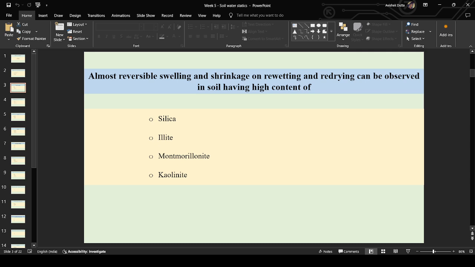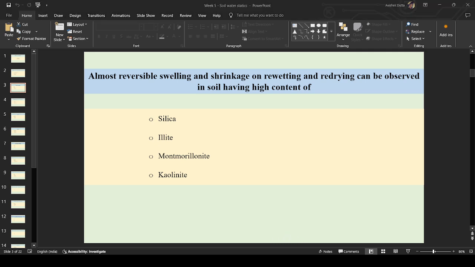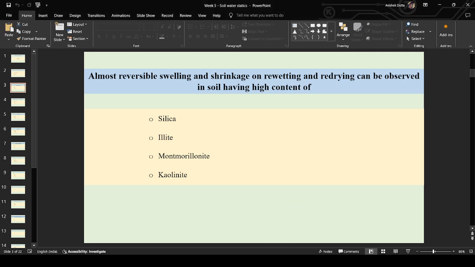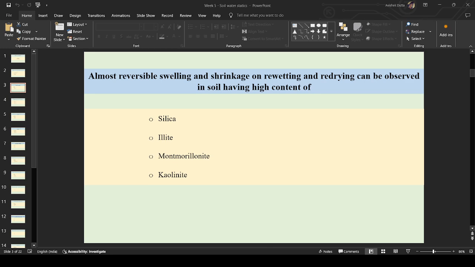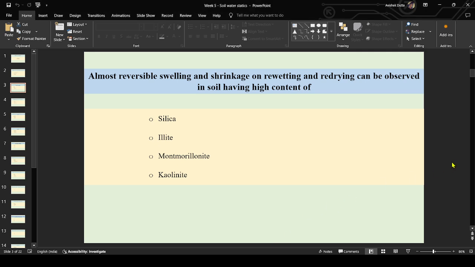I repeat the question. Again, please write down the correct question. This is the second question. Who has joined? Dheeraj Raghuvanshi. Yes. Almost reversible swelling and shrinkage on re-wetting and re-drying can be observed in soil having high content of.